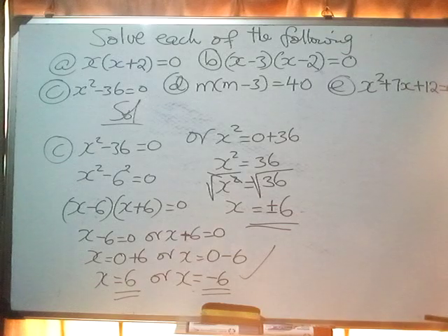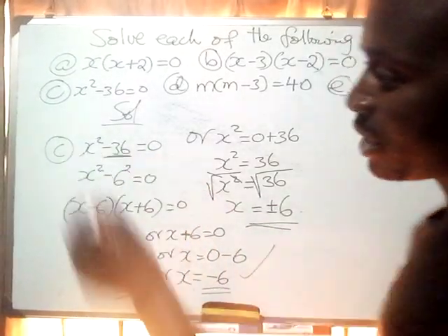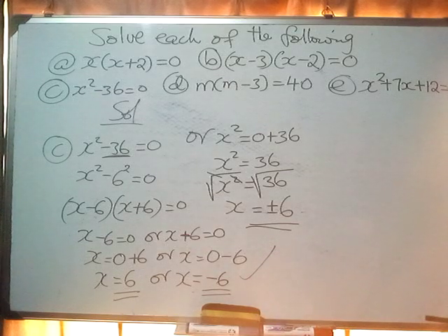You'll still get the same answer, as long as the constant term is a perfect square, such as 1, 4, 9, 16, 25, 36, 49, 64, 81, 100, 121, 144. So those are the perfect squares.